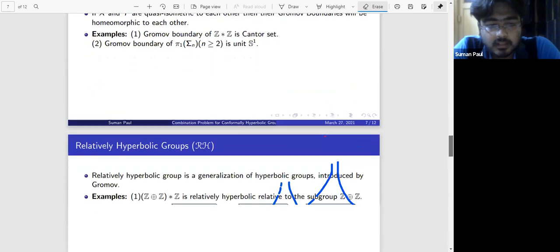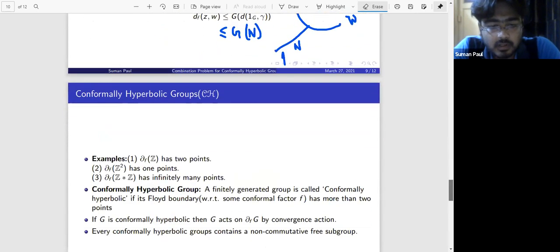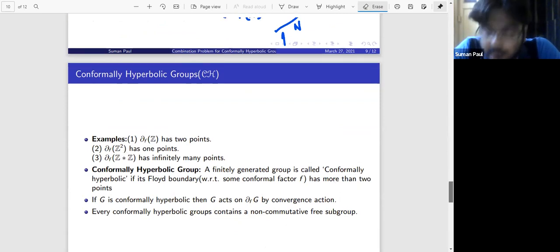Okay. The second example is of, yeah, this is interesting. The Floyd boundary of Z direct product Z has only 1 point. So how to see that? It is because of this Karlson lemma.